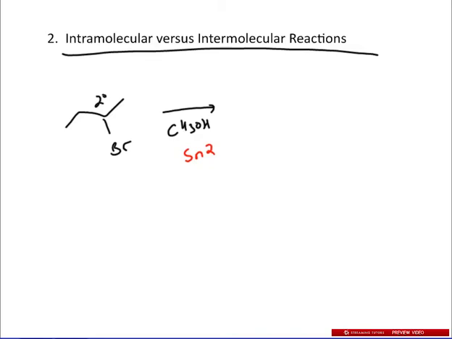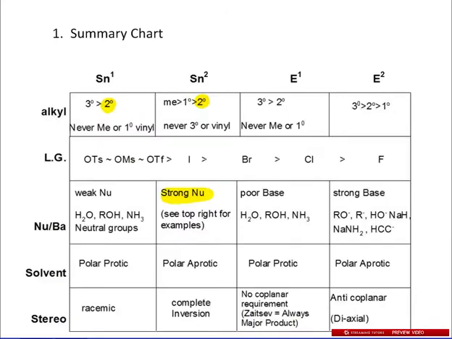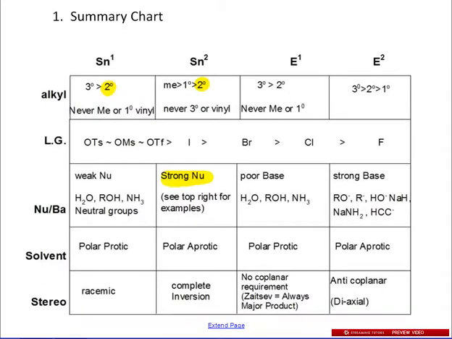It's a neutral nucleophile and a solvent. But notice that even though this is a protic solvent, it's still Sn2. Like I said, the solvent is where they tend to trick people because it's the least important rule. Protic is OH or NH solvents, like water, alcohol, ammonia, and so on.